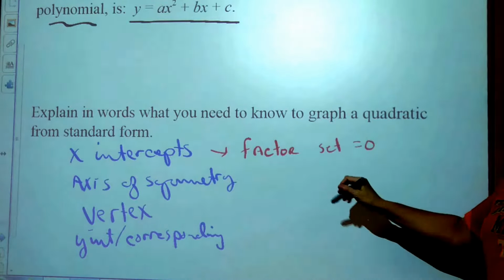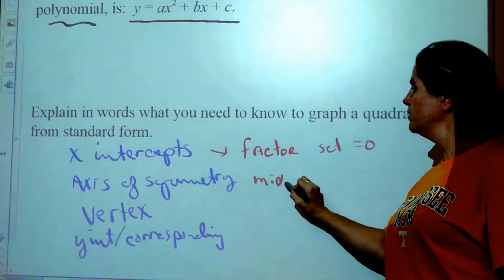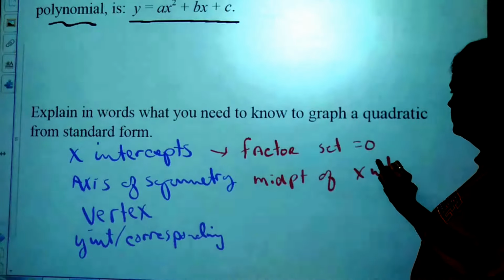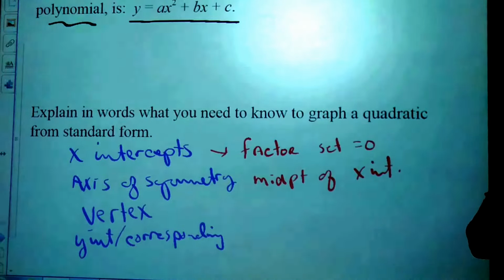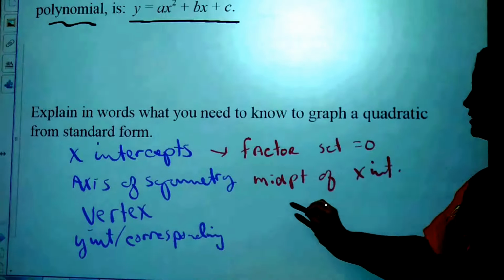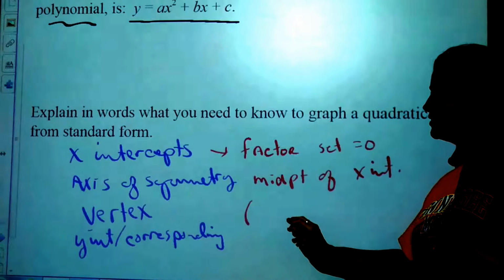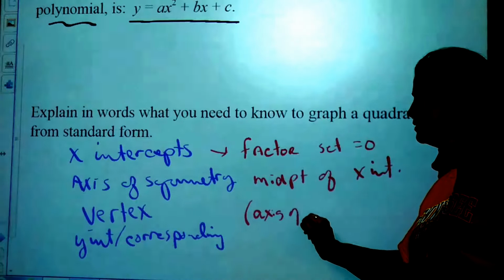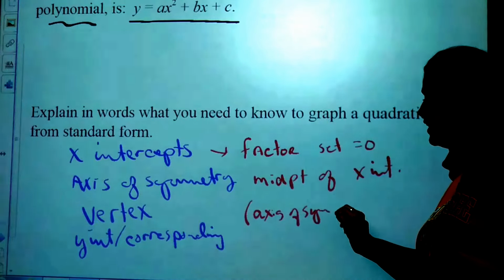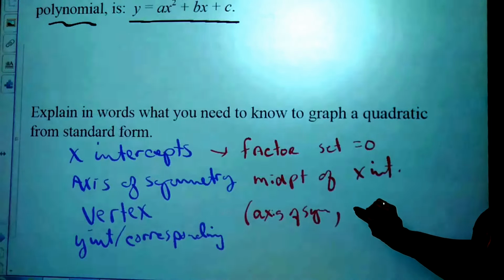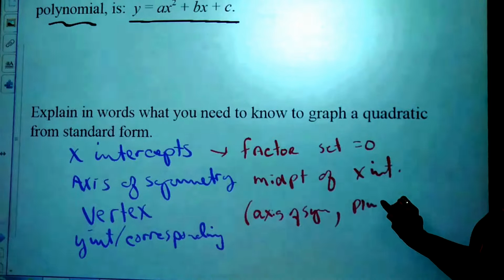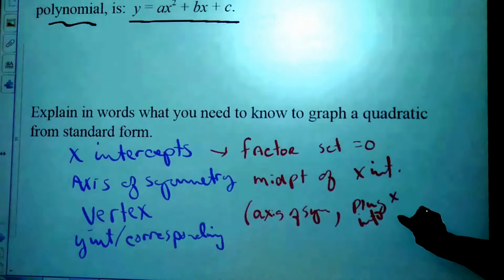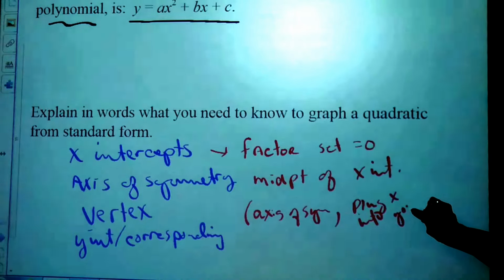The axis of symmetry then is just that midpoint of the x-intercepts. That's how we found that. The vertex uses that axis of symmetry as its x-coordinate, and then to find the y-coordinate, you plug the x into your formula, your function.